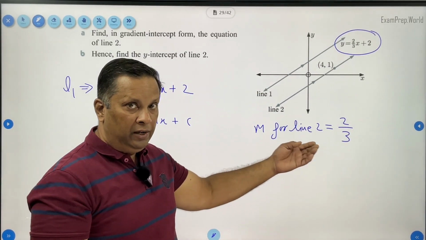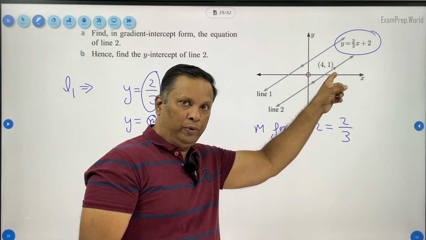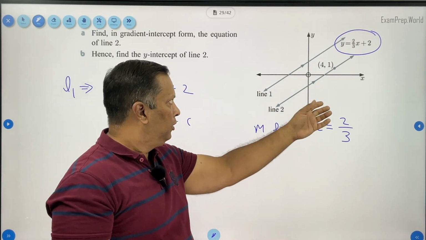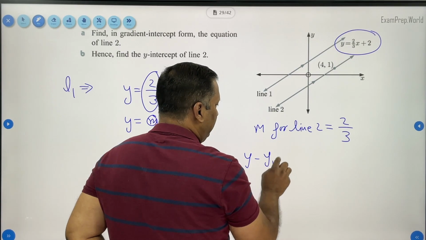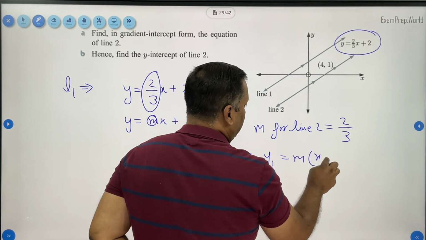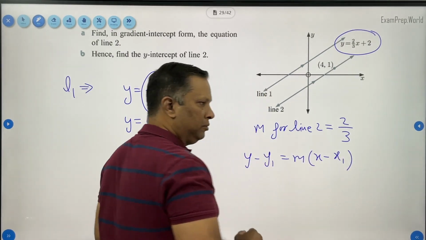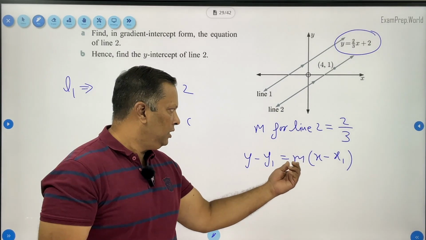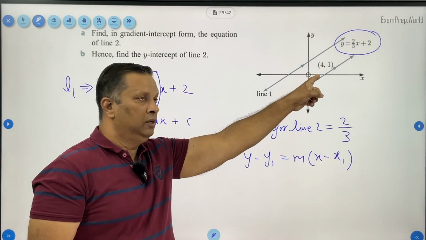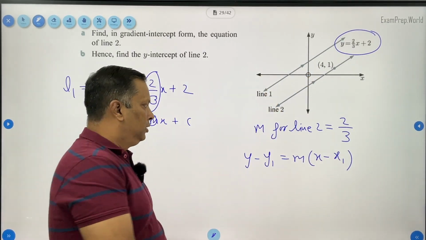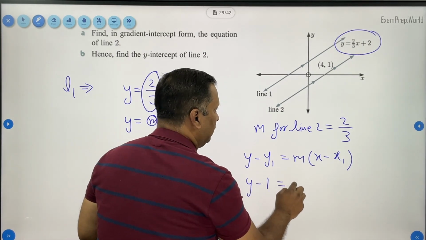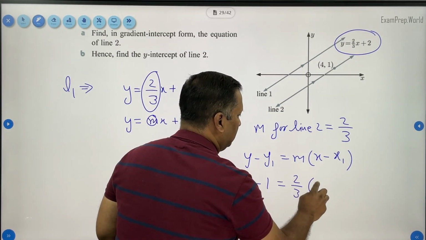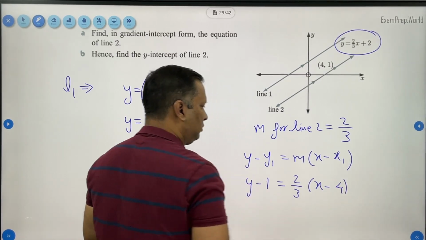Now we know the gradient of line 2, and we also know the point it passes through. So we can straight away use our formula y minus y1 equals m times (x minus x1). Here m is the gradient and (x1, y1) is the point, which is (4, 1). So let's put y minus 1 equals 2 by 3 times (x minus 4).